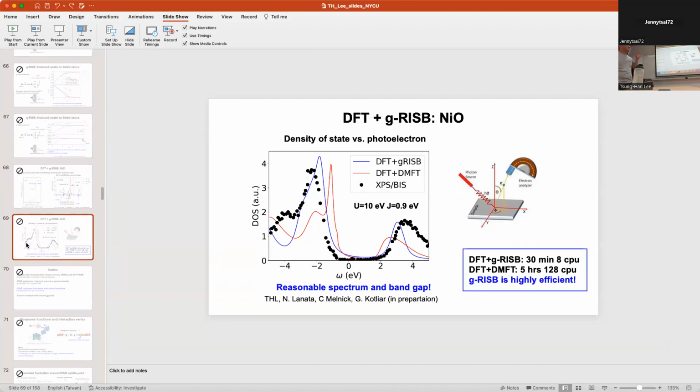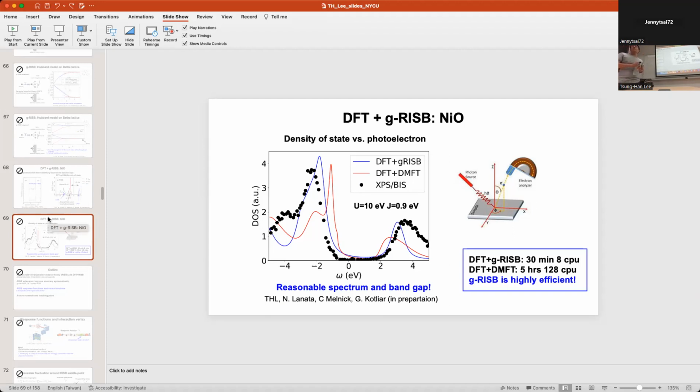It's not completely sure because we're still checking, but it looks reasonably good. It does capture some experimental features, it seems.